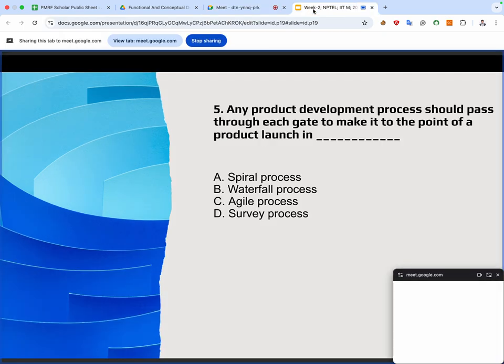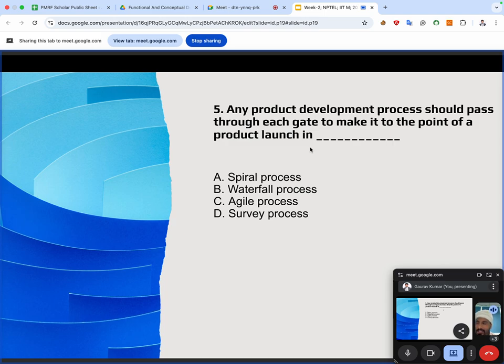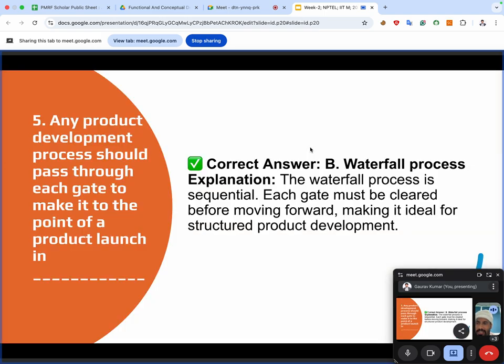You may also see the explanation on your screen in the upcoming slide. Okay, if it is clear, then we'll move towards the next question.